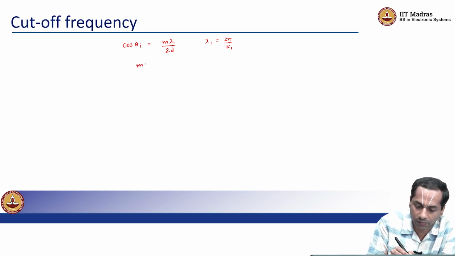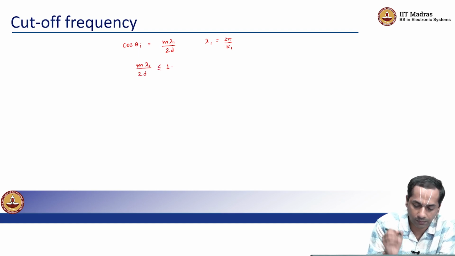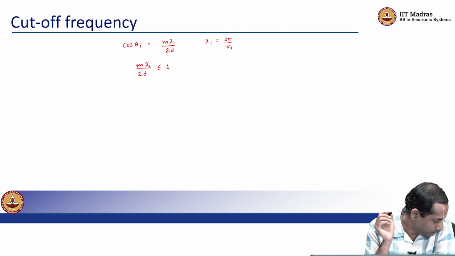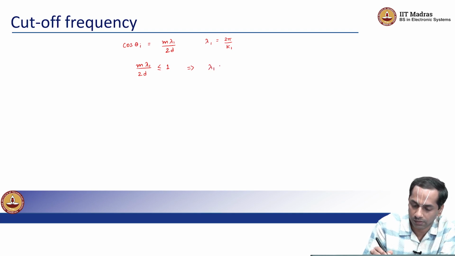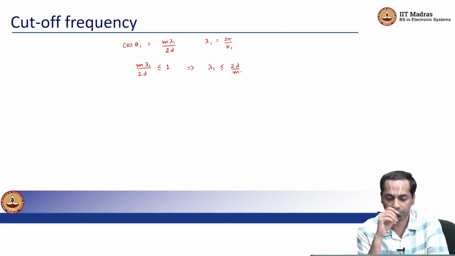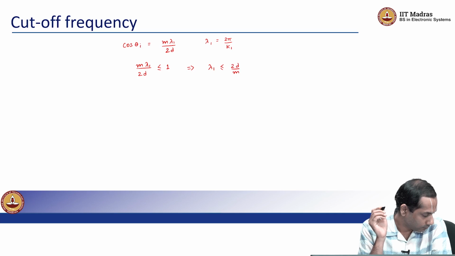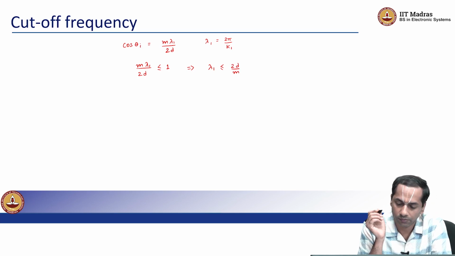So, we found that there is a constraint on m, okay. So, this implies lambda is less than or equal to 2d by m, okay.